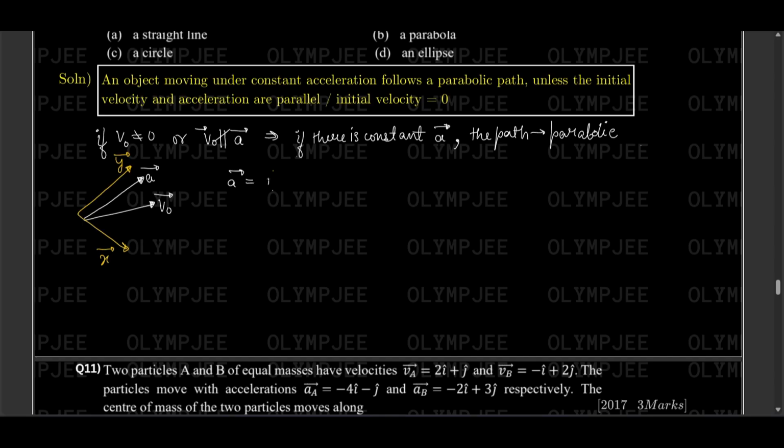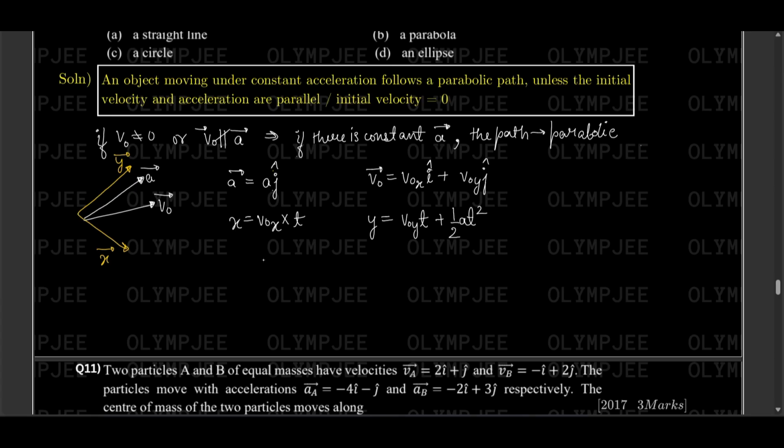So acceleration will be a j cap, and initial velocity will have two components, right? v0x and v0y. Now since there is no acceleration in the x-axis, the x coordinate at any time will be given as v0x multiplied by t, and the y coordinate will be given as v0y t plus half a t square.